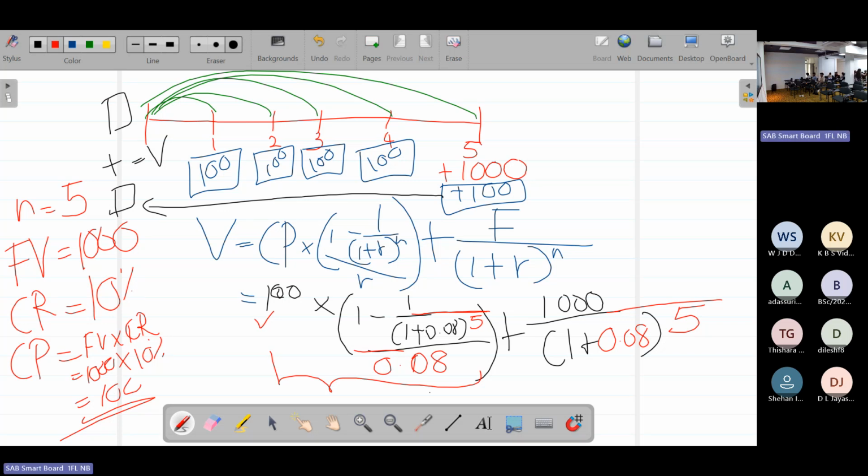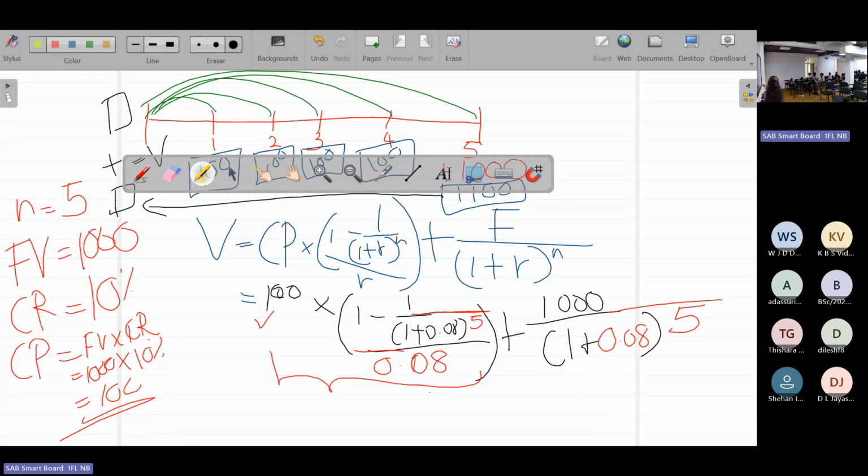What should I make? What's the value here? What's the value? This one, 400. 400. Exactly 400.